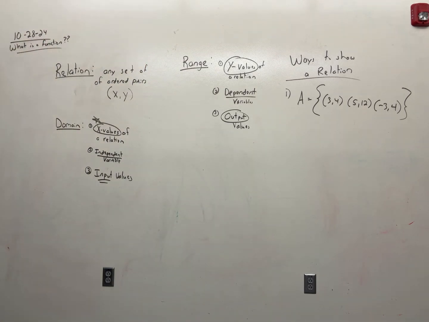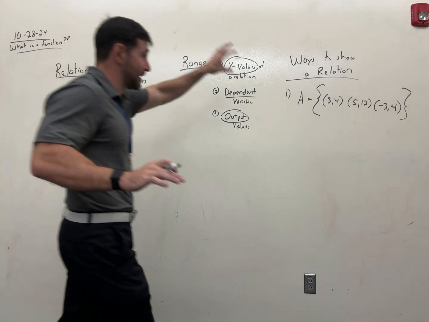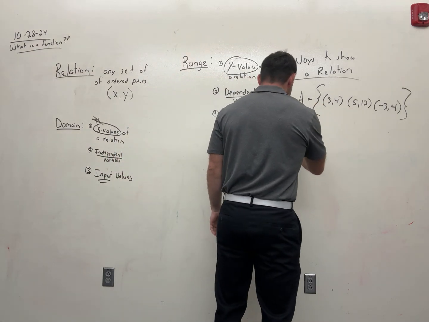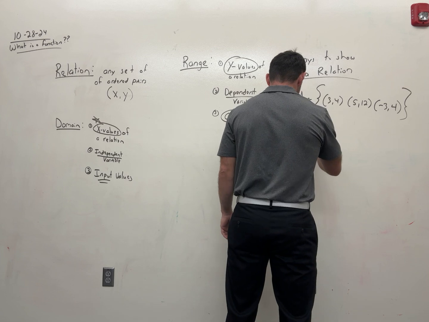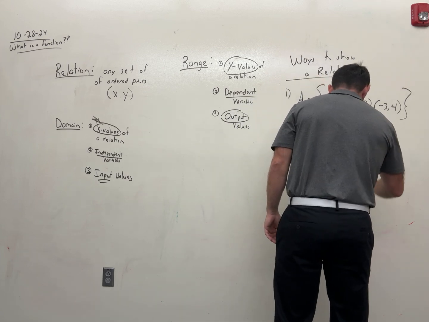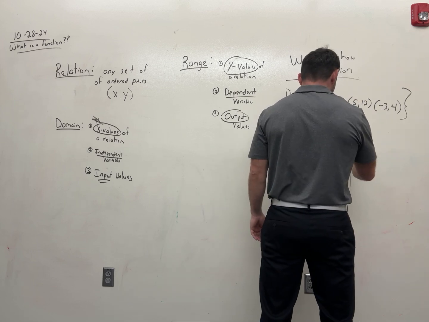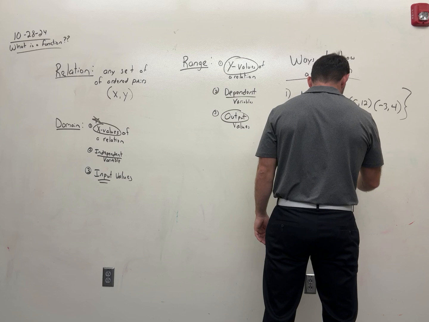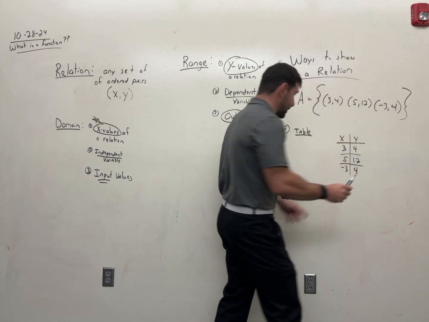You can see it with the ordered pairs. That's saying set A is that set, this relation. Another way to show this is with a table. And we would have x, y: 3, 4; 5, 12; negative 3, 4.